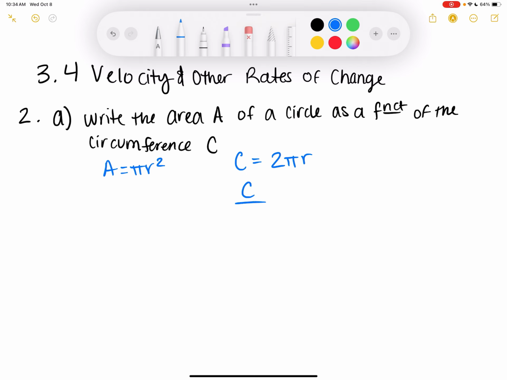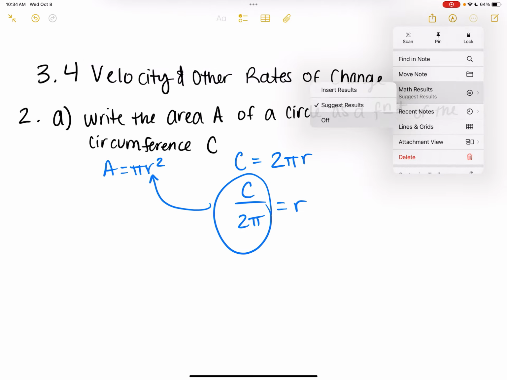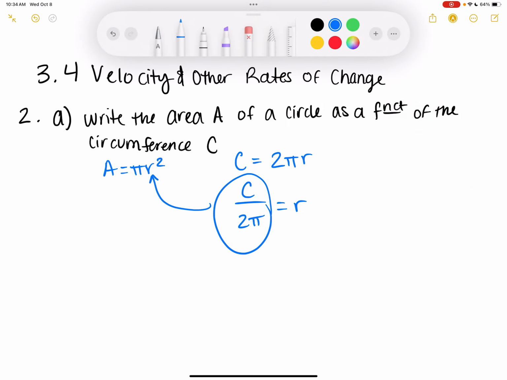So we would have C divided by 2 pi is equal to r. And now I can take this part here and plug it in for r over here. Now, obviously, in area r is squared, so I'm going to have to square the whole thing. So I'm going to end up with A equals pi times C over 2 pi all squared.